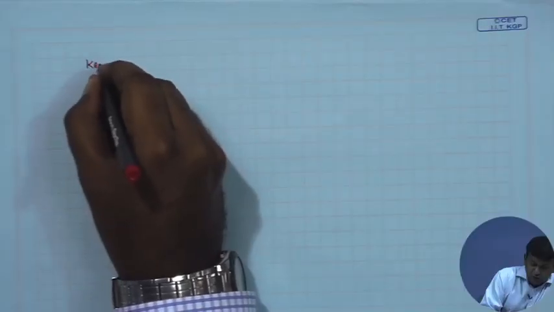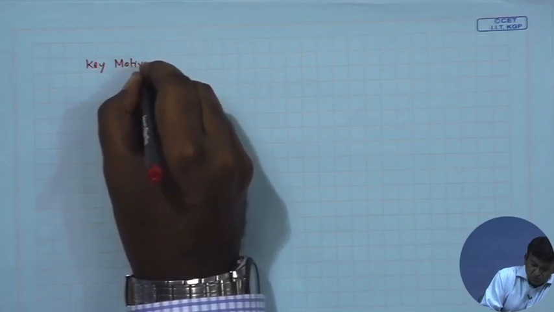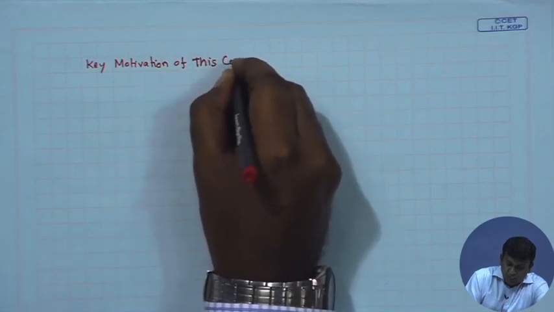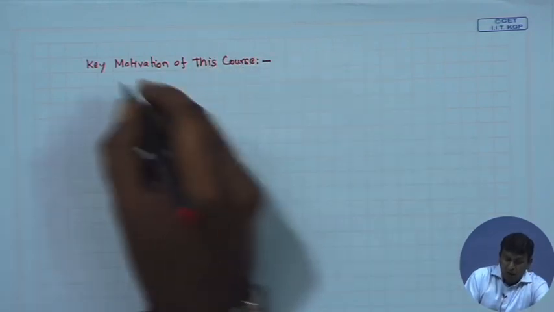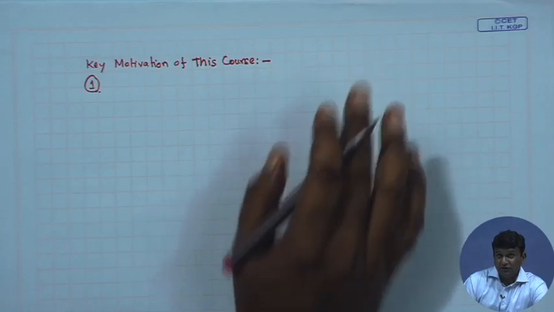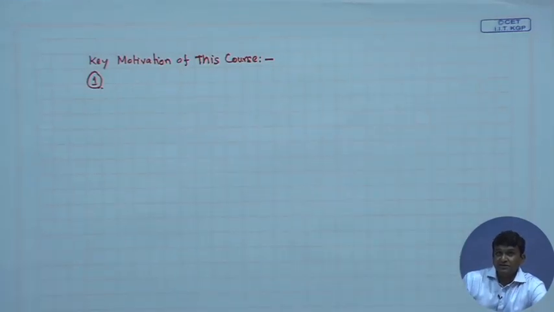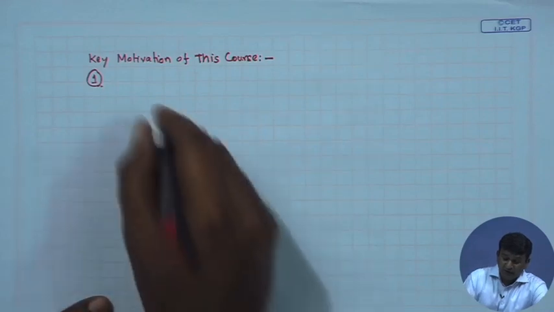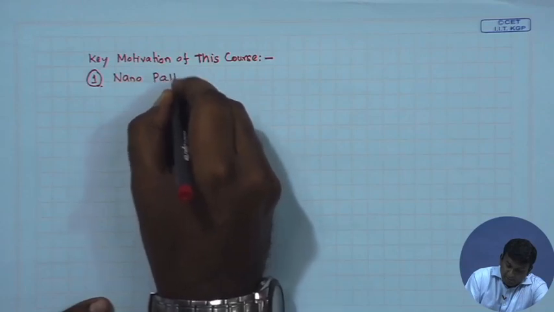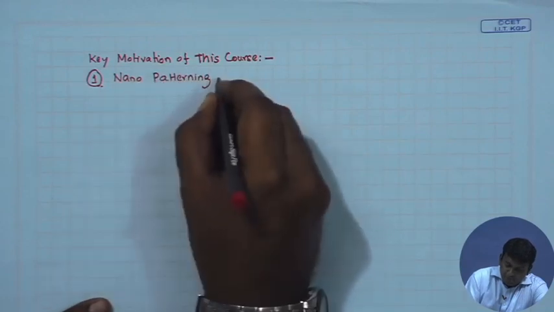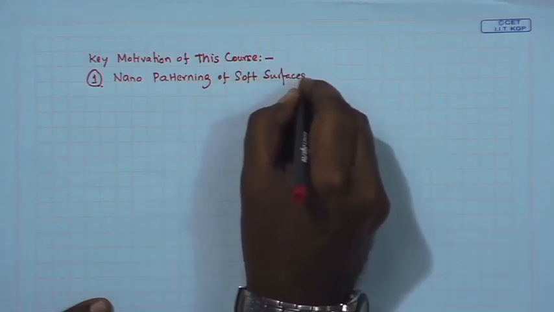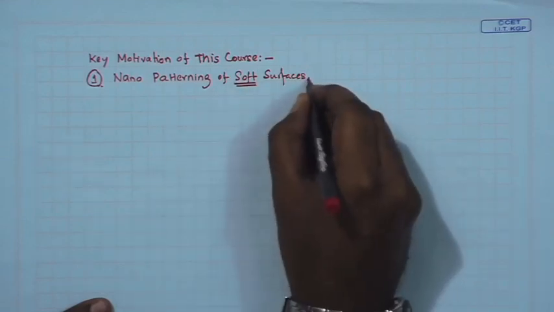We are going to look into two apparently different aspects, which, towards the end of the course, we will realize sort of seamlessly merge with each other. One of the aspects is nano patterning of soft surfaces, I emphasize this word soft surfaces because we will stick mostly to polymers and things like that.